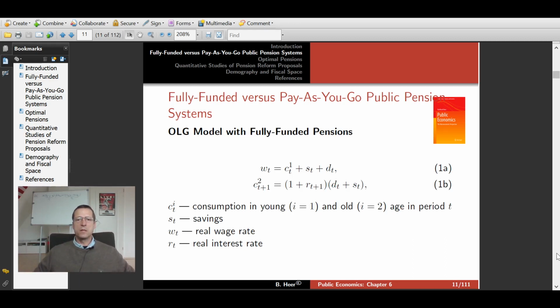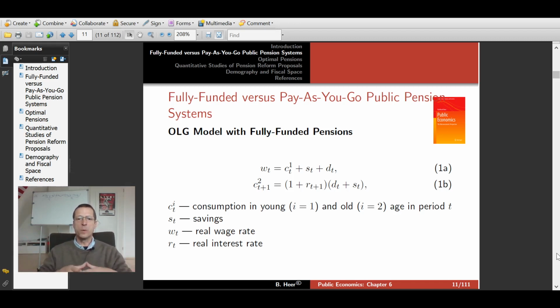So let's write down the equations, the budget constraints in our fully funded pensions case. In this case, the household earns wage WT, and for the time being, let's assume we have inelastic labor supply, so we supply 1 unit of labor, which might be 40 working hours per week, something like this.